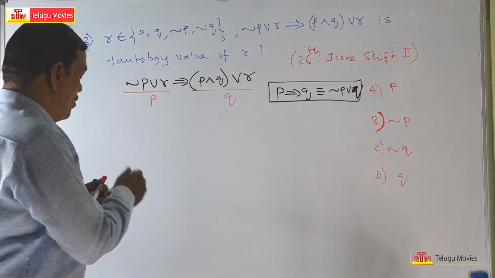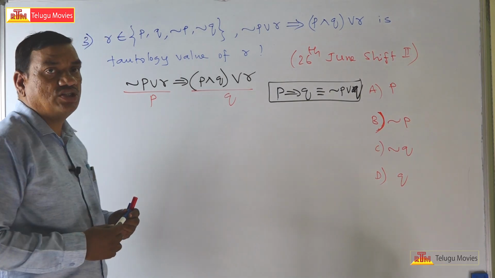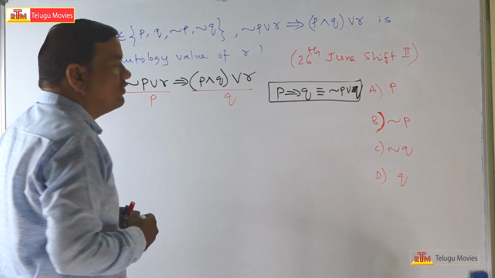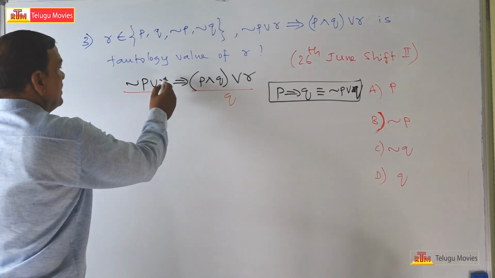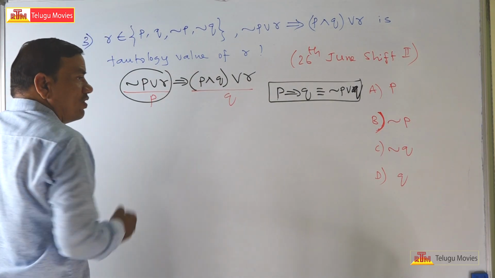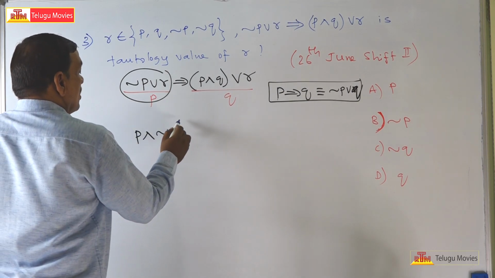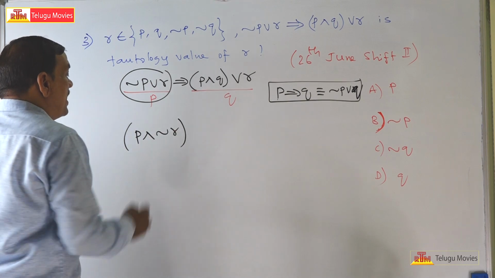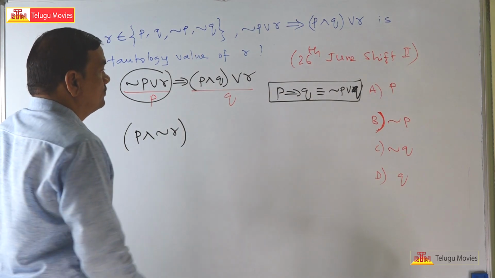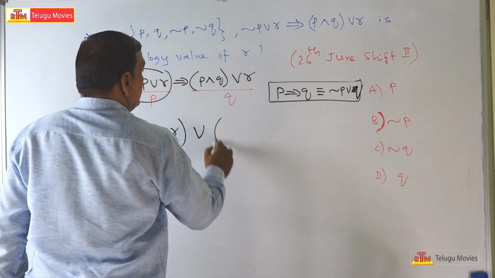Now, what is the negation of the first statement? To find it, we will apply De Morgan's law. The first statement is written with negation, and the second statement is as it is.